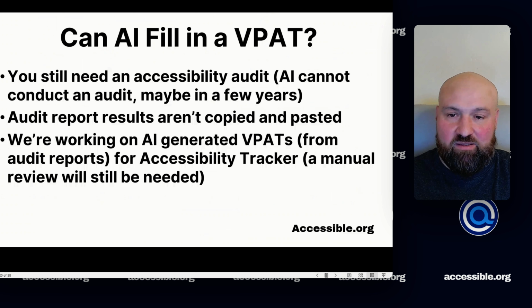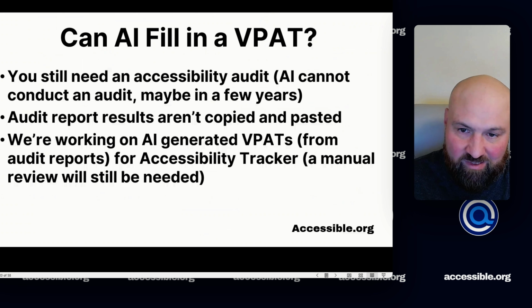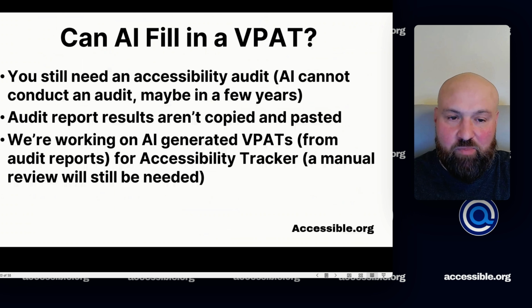But this is something that I very much want to make happen. It's going to speed up the process of filling in VPATs, but especially to start, you're definitely going to need a review, and that's going to be the case for a while. But just know that we are working on the automated generation of an ACR. Again, this is not going to be a finished product.